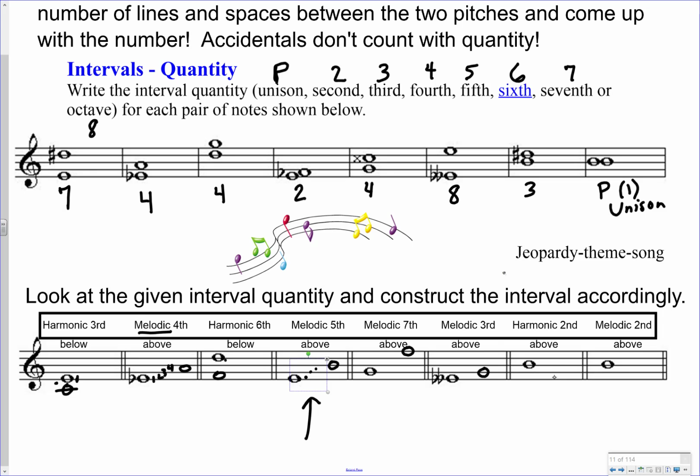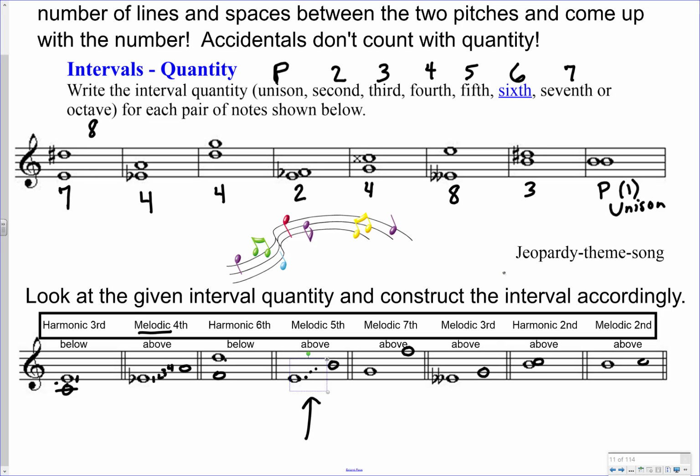In the next example, we need a harmonic 2nd above. So harmonic is sounded simultaneously, so I'm going to put it right next to the B, touching it. In the next example, you'll see how seconds can look melodically. So in the last example, we have a B, and we need a melodic 2nd above.